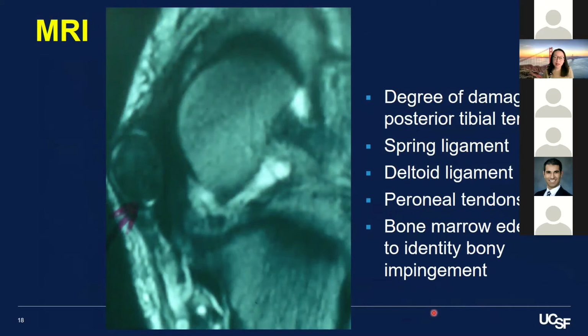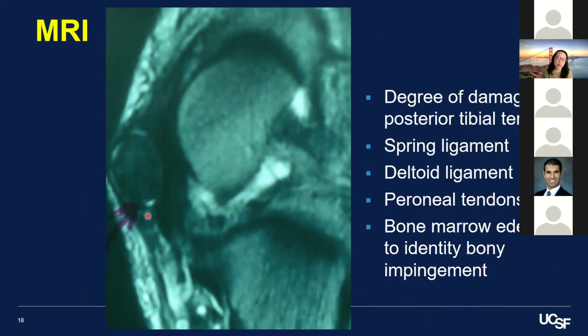So MRIs in posterior tib dysfunction are not routinely indicated. They certainly can be done, and sometimes I do get them, or I should say patients come in with them because they've been seen by someone else who already ordered them. In that case, you definitely see some abnormality of the posterior tib tendon. And this is huge.